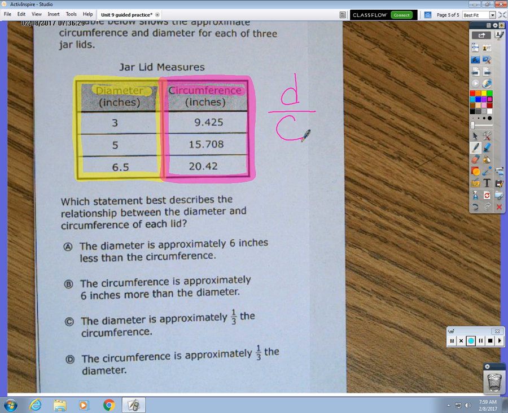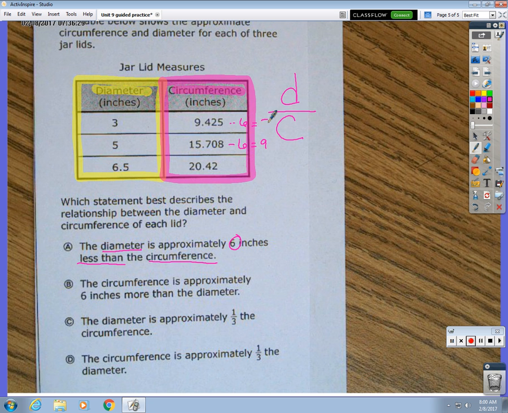Answer choice A: the diameter is approximately 6 inches less than the circumference. So it is saying that the diameter is 6 inches smaller than the circumference. If we go up here to the circumference and subtract 6, we're going to get about 3. We subtract 6 from 15, and you're going to get 9.